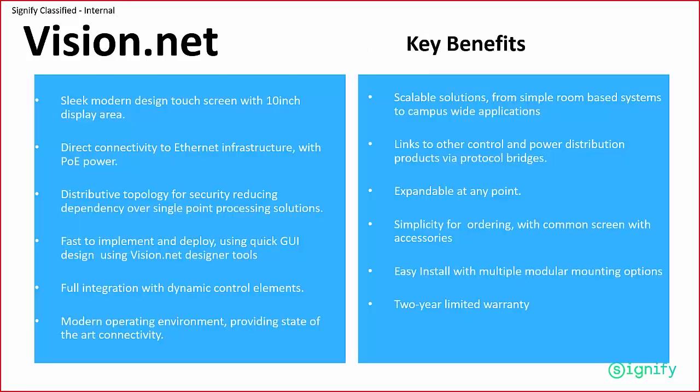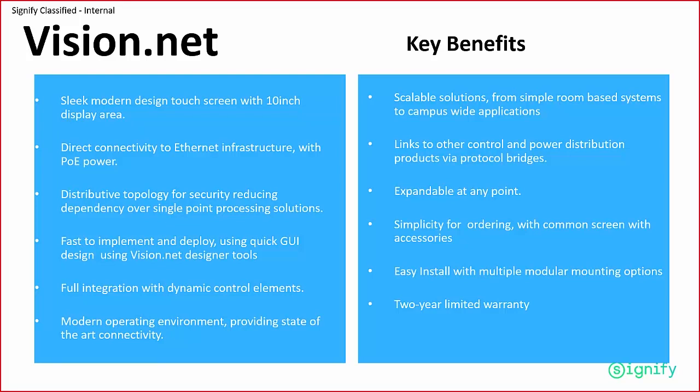So key benefits: we've got a sleek, modern design touchscreen in the 10-inch, direct connectivity to Ethernet with power over Ethernet, distributed topology. It's fast to implement and deploy, fully integrated with dynamic control elements.